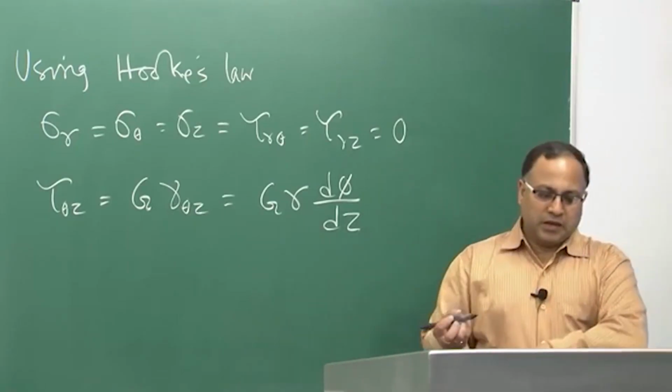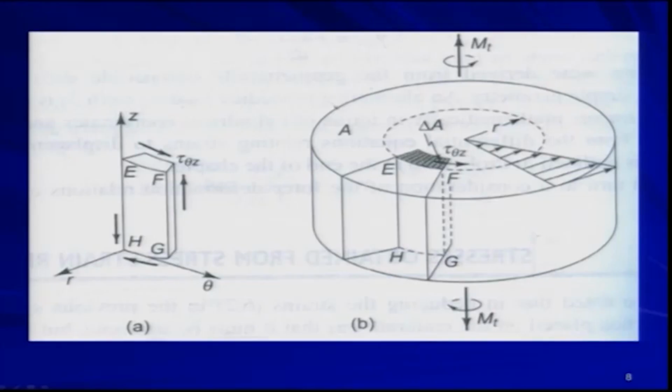Here you are getting tau theta z acting on the cross sectional plane. To balance, as you know, cross shear will always be equal, so you will have the shear stress like that.